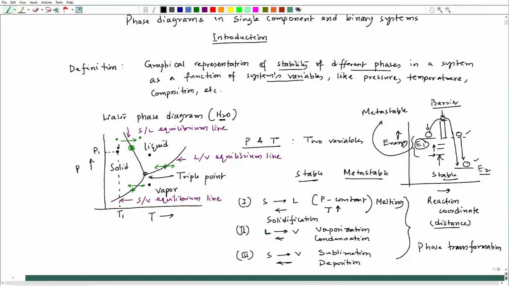For example, in this water system, a simple 1-component system, when we try to understand these 6 phase transformations, we fixed the pressure. So, everything becomes a temperature function. Like that we could have fixed temperature, and everything could have been pressure dependent.